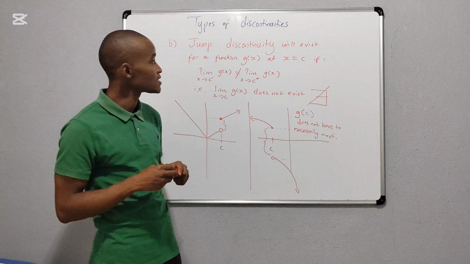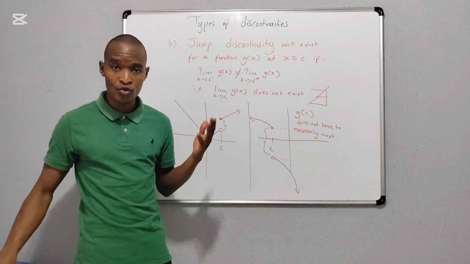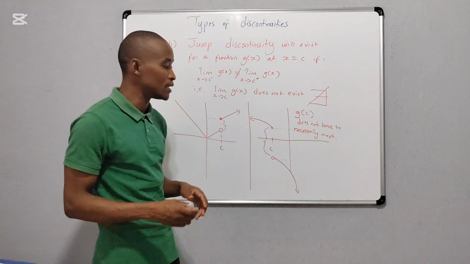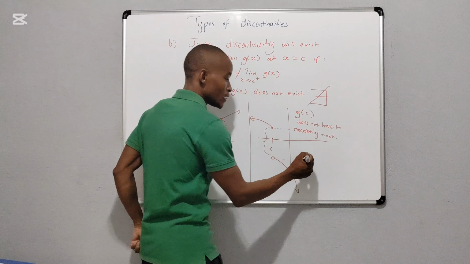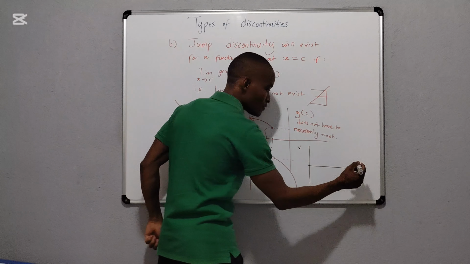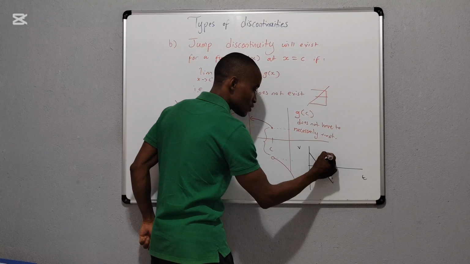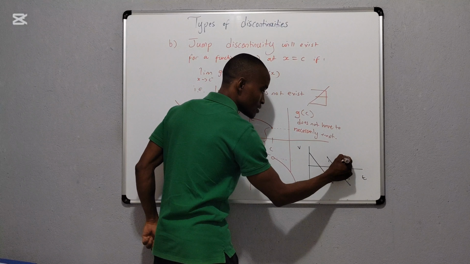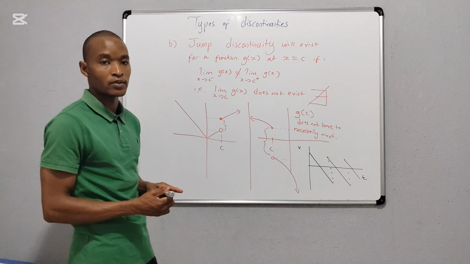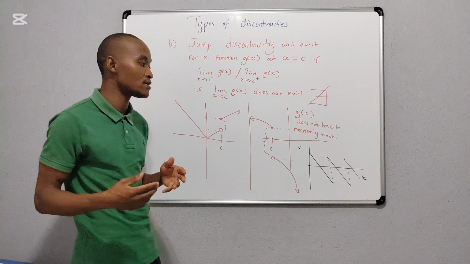So this takes care of jump discontinuity, but we can also link this to physics. When you look at vertical projectile motion, and there's a ball that is bouncing, and you are drawing a velocity-time graph, you usually have something of this sort, where that represents the velocity of the ball that, of course, decreases over time until it comes to rest.